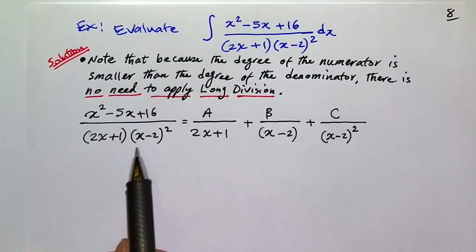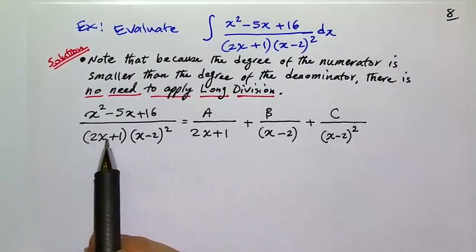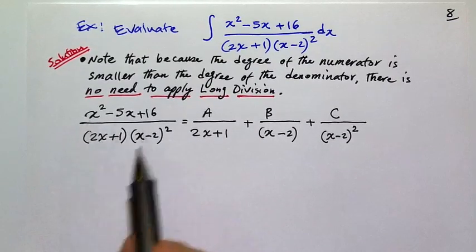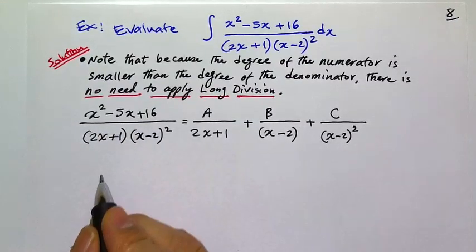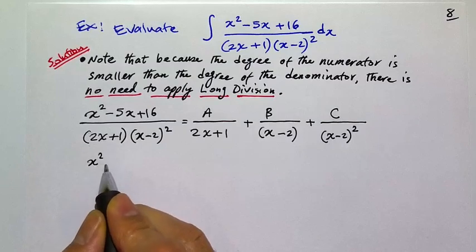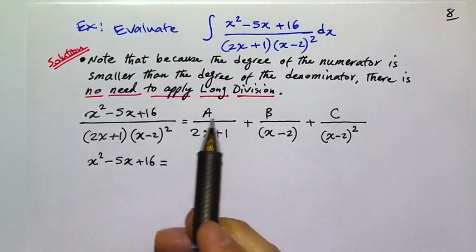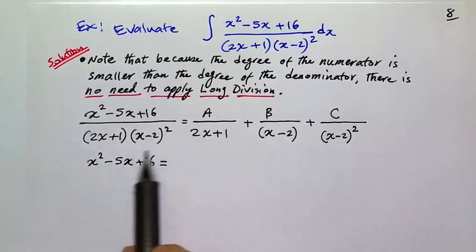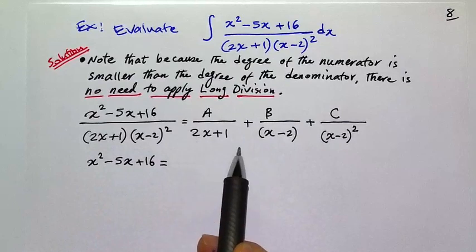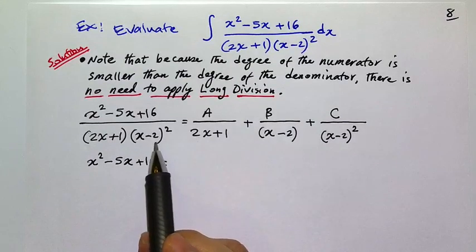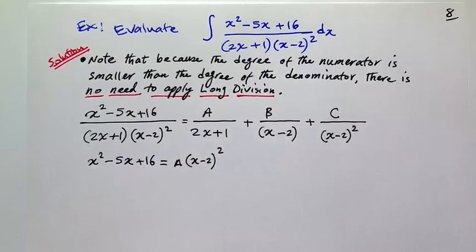So we multiply both sides of this equation by this denominator. Of course, on the left, they cancel out. We end up with just that, right? So I'm going to write down x squared minus 5x plus 16 equals. Now, if you multiply this by this fraction, 2x plus 1 and 2x plus 1 cancel out. We end up with A times (x minus 2) squared.